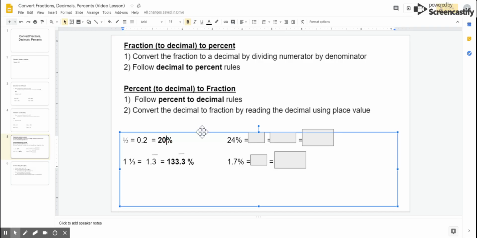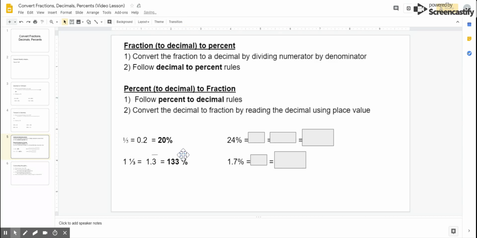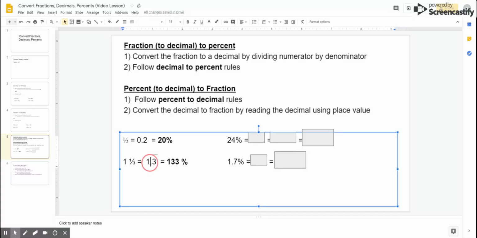Like here at the top, you could write 0.0, but you don't have to. Here, it's not 0.0. Here, it's 0.3 repeating. So that's why I put that there. But if it says round to the nearest whole number, then 133% is okay. And again, we got that by starting at the decimal and moving it 2 places to the right and recognizing that the number past the 3 is not a 0, but it's really another 3.